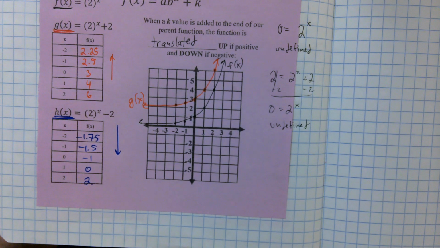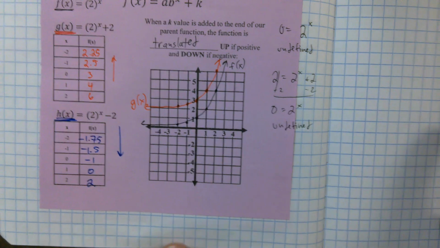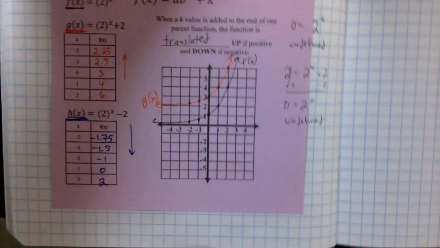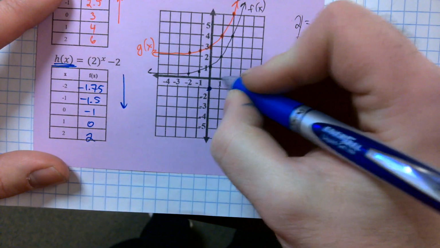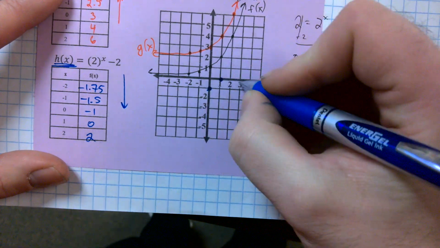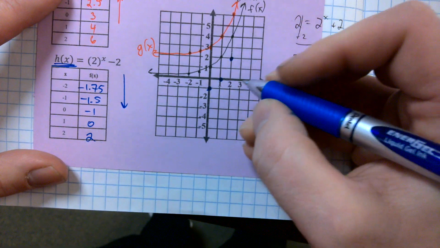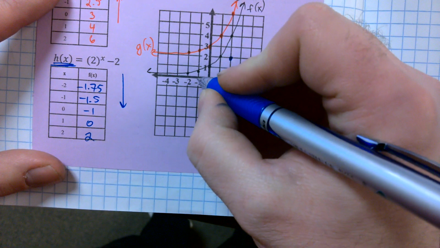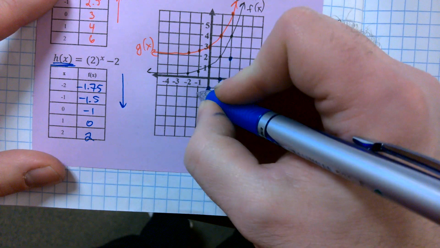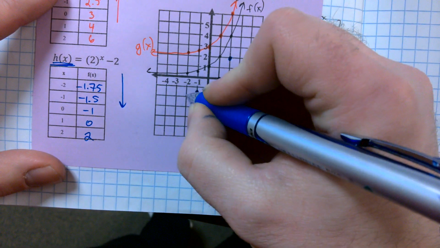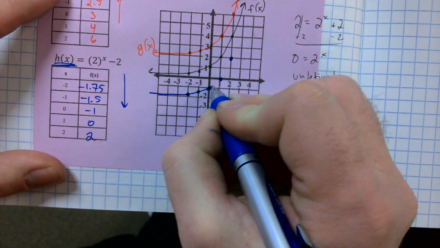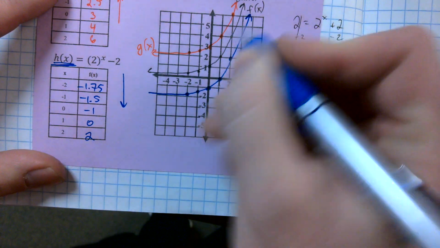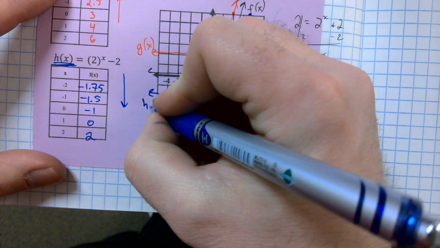And again, we just took our black outputs from the previous section and subtracted 2 from them. 0, negative 1; 1, 0; 2, 2; negative 1, negative 1.5; negative 2, negative 1.75. And again, my asymptote also dropped to negative 2. 2 spaces down.